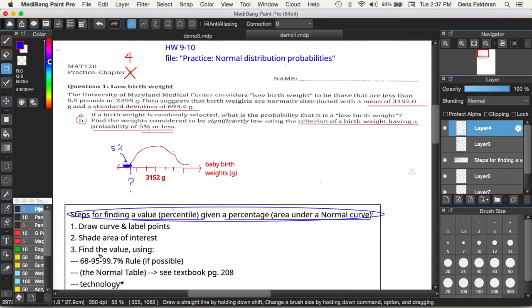And the steps start off the same as before. Drawing the curve and labeling the points. Why do I pause? It's because we should all take a minute and draw that curve. I started here, and we should probably make sure that I've filled in these red lines as well, because this is where you'd have the standard deviation shown. We have a normal distribution with this mean and this standard deviation.